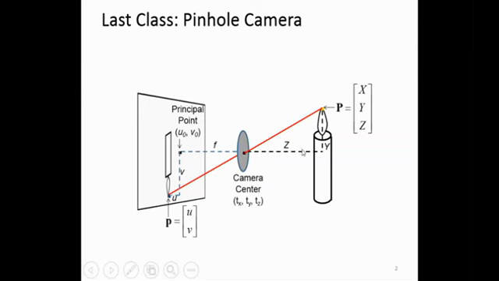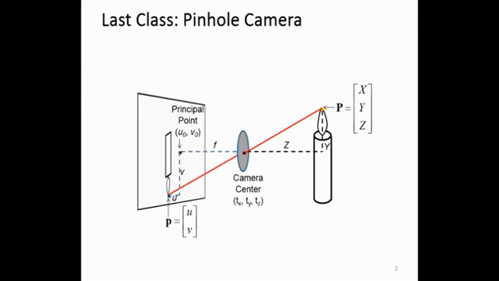Then the point is shooting a ray through the camera center, and then it hits the image plane at some point. So if it hits within the CCD area, then you're going to measure some light from that point. And we can compute the position where the 3D point hits the image plane based on the focal length and the principal point.